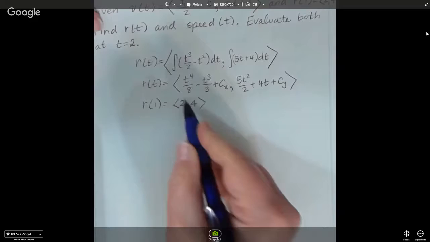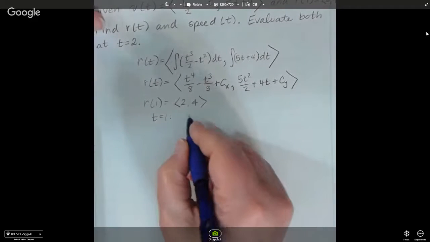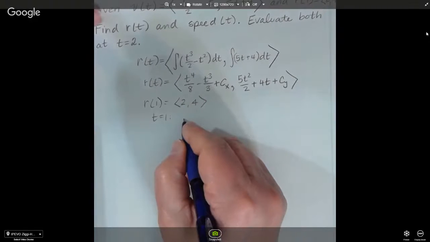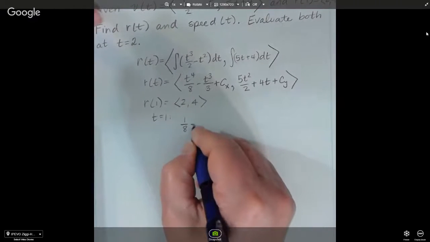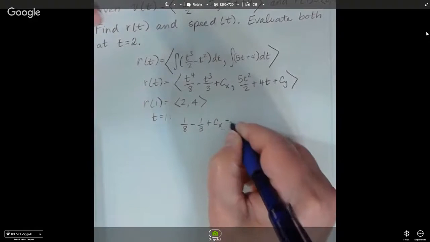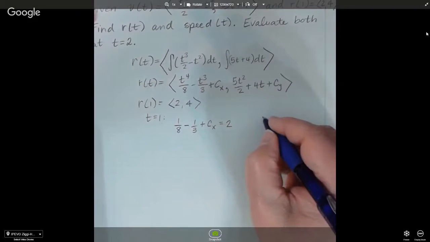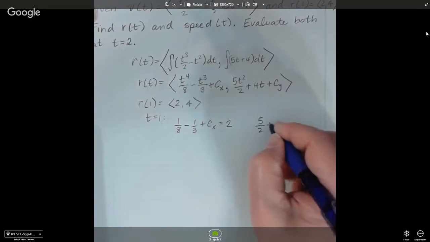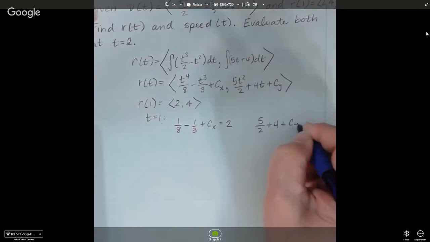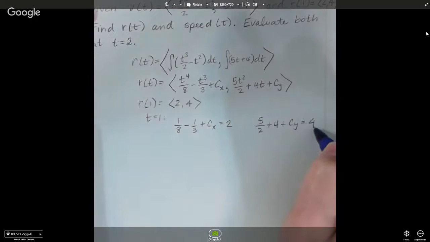So for each of the components, when t equals 1, the x component is going to be 1/8 minus 1/3 plus c sub x has got to equal 2, because that's where we're going to be standing. And 5 over 2 plus 4 plus c sub y has got to equal 4. That's my position in the y component.